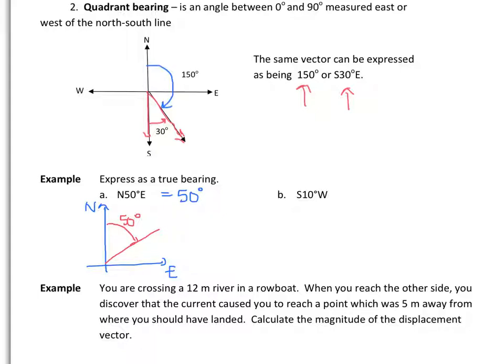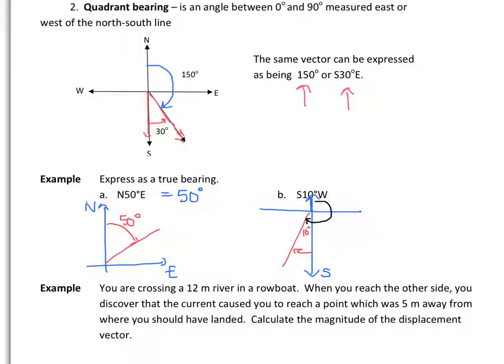South 10 degrees west means from south, we go west 10 degrees. Now to express that as a true bearing, we need to start from north and think of what angle it would take to get to south 10 degrees west.